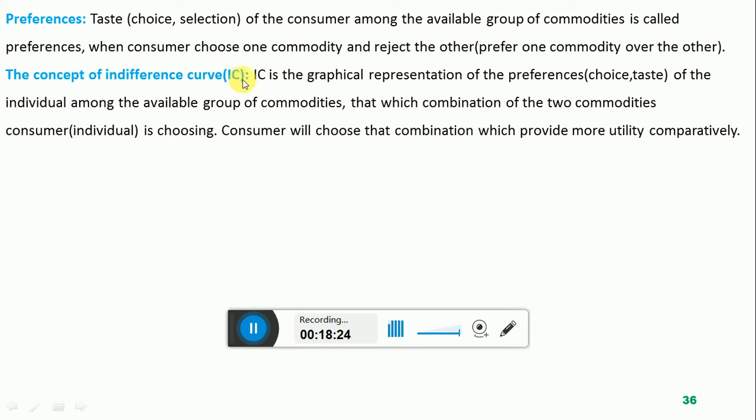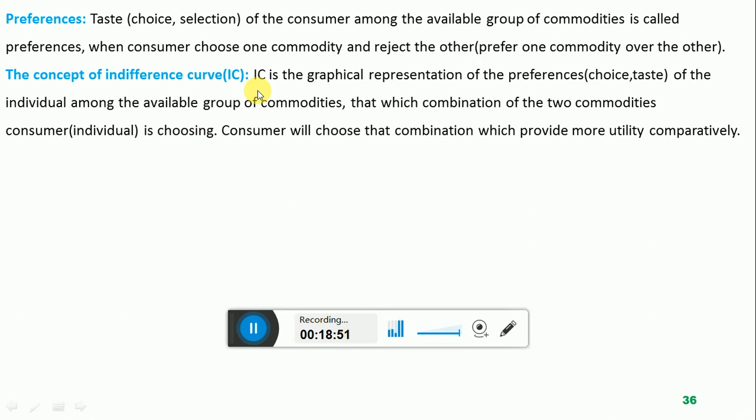What is the concept of the indifference curve? The indifference curve represents graphically the choice, the selection, the taste of the individual, the consumer. It defines by graph what the consumer is selecting, choosing among the available different goods and services.